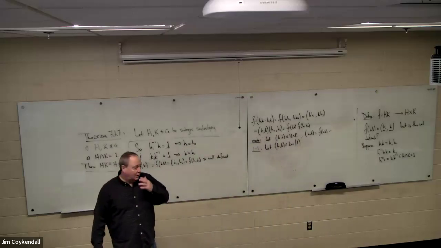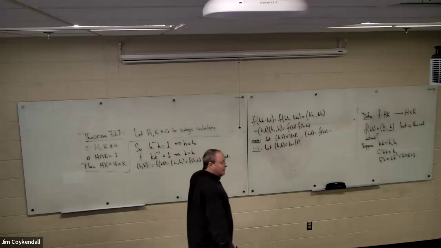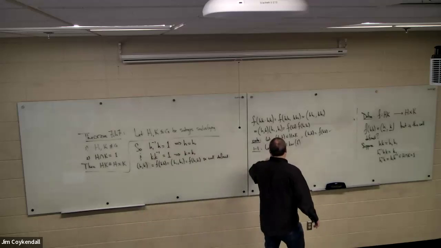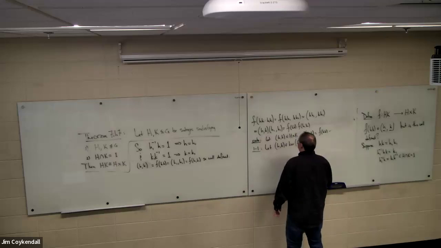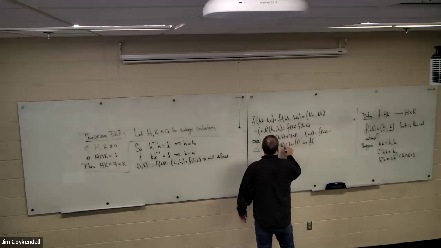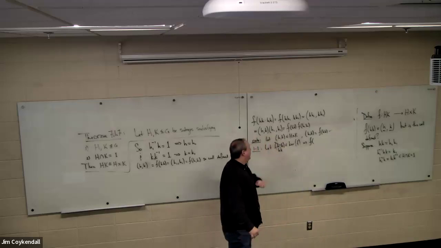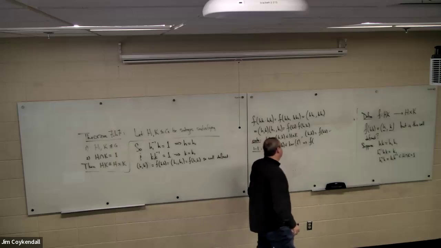Suppose that HK is in the kernel of F. Well, this implies, whoops, not the ordered pair, HK should be in HK.